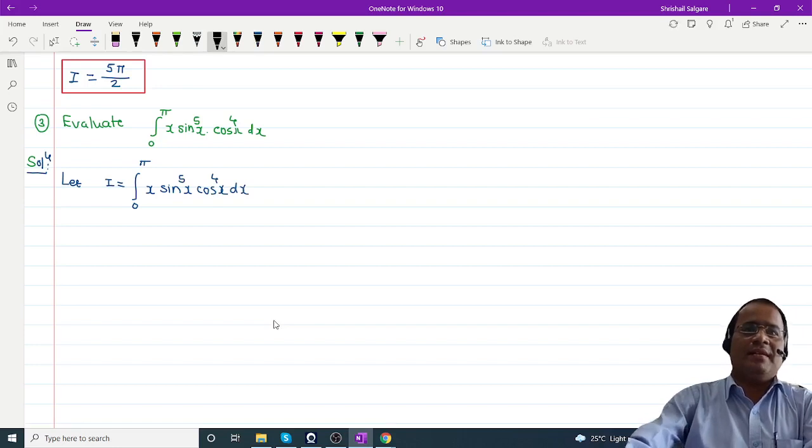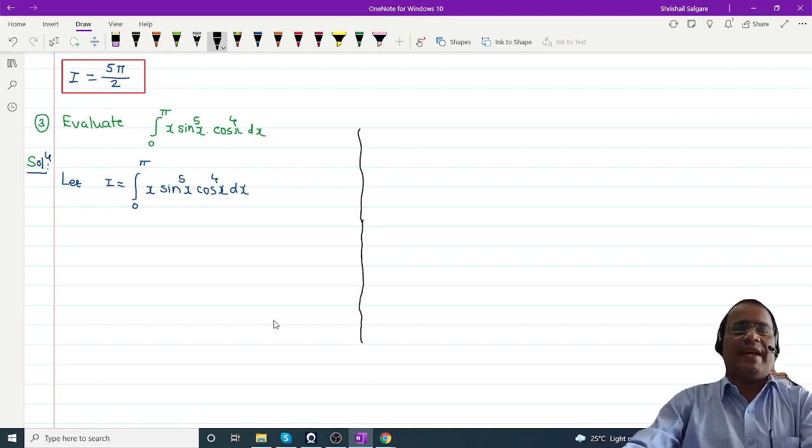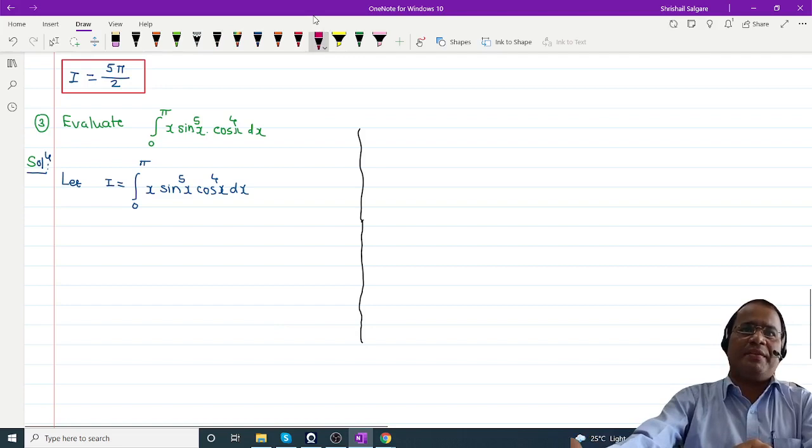Now in this case you may not answer directly. The integrand is again a combination, and one x term is there. So how to simplify this? I will write the property whether you have studied it or not.